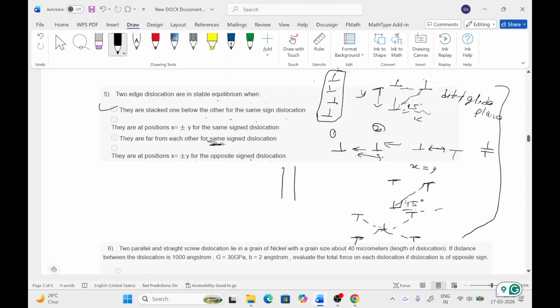Yes, for the opposite sign dislocation, x equals plus minus y will be stable equilibrium positions. So the first option and last option are correct. For the same sign dislocation, they will make an array, and for opposite sign dislocation, they make this type of configuration.